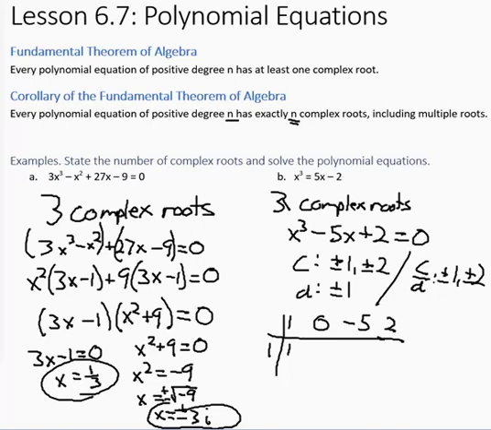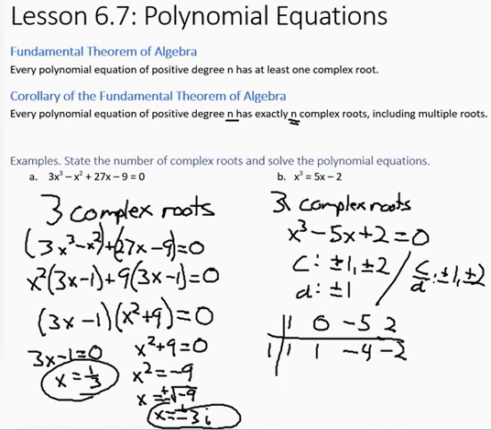I forgot I didn't show this shortcut method yet, but we bring down our 1, and then we do this. Still, we multiply, add. 1 times 1 is 1, plus 0 is 1. 1 times 1 is 1, plus negative 5 is negative 4. 1 times negative 4 is negative 4, plus 2 is negative 2.